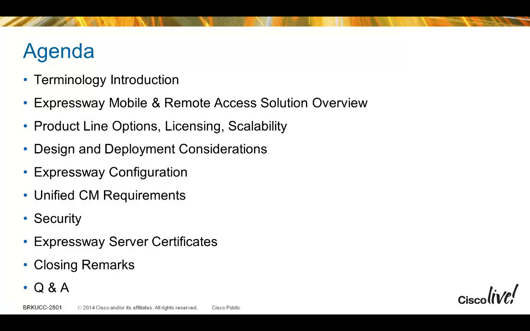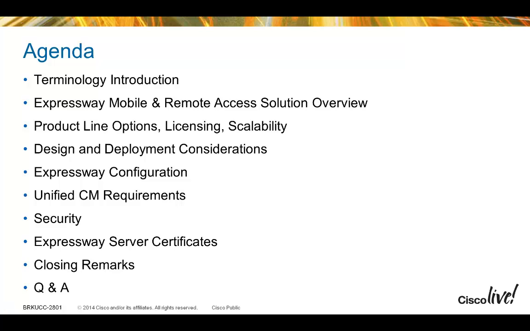If we look at our agenda, again, terminology introduction, some of the marketing stuff, mobile and remote access, we'll talk about what that means at a high level. Like I said, licensing, scalability, some of the product options. A big section in the middle there is design and deployment considerations. We'll do a brief run through of the Expressway configuration, just so you guys can take that home.